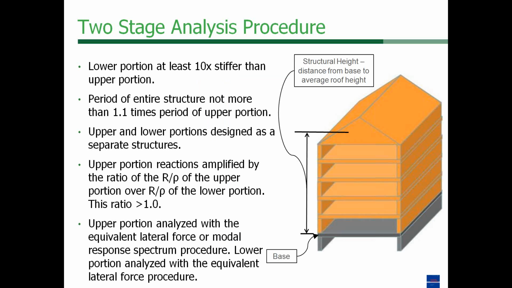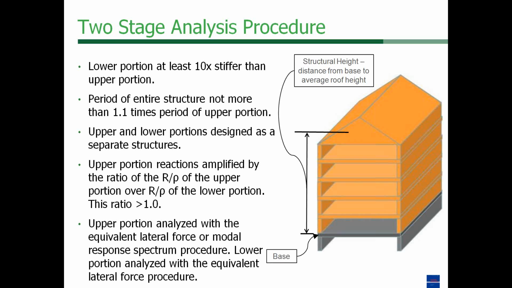and that is that the base is rigid relative to the top. What ASCE 7 requires, and the revision in ASCE 7-10 makes clear, is that the height we're looking at here is the structural height of the wood above the podium.